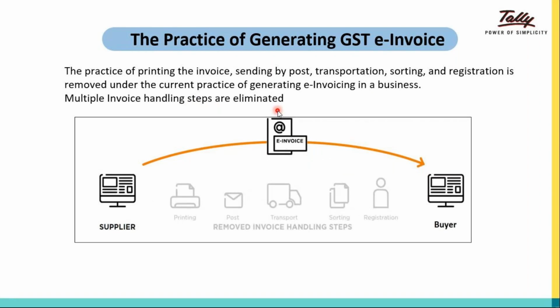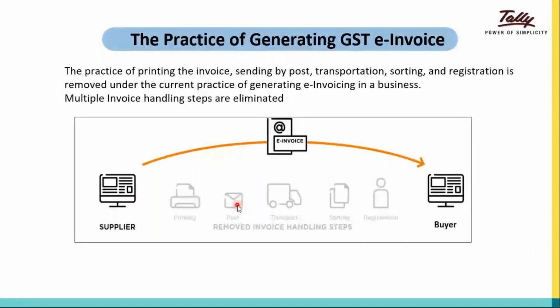Okay, so now if you generate a sales invoice, in the previous days, how were you generating the invoice? You used to take a physical copy of it. You were printing it, then sending it through a post.